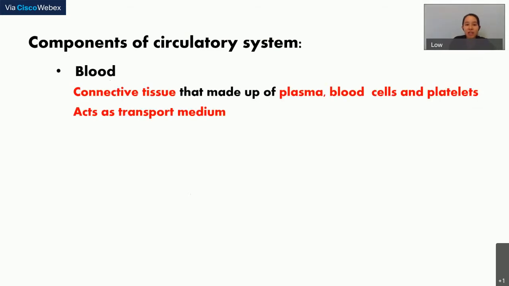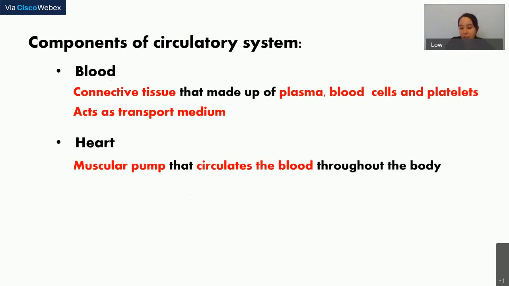Okay, what are the components of the circulatory system? The first one, of course, is blood. Blood is a connective tissue made up of plasma, blood cells, and platelets, which we will see later. It acts as a transport medium that helps you transport the nutrients and oxygen. Next one, the heart, which is your organ.